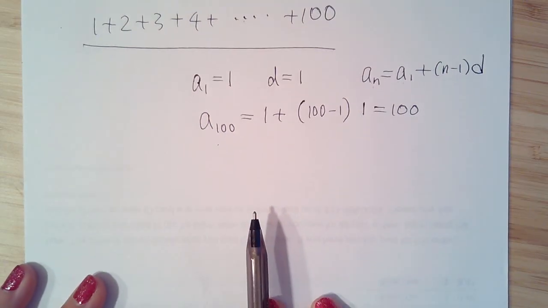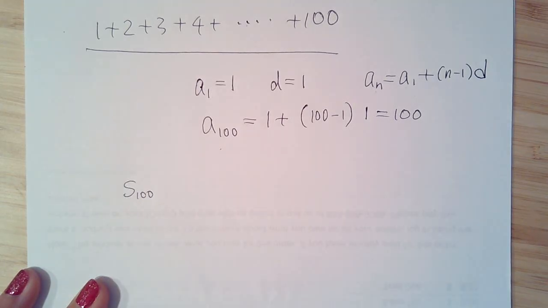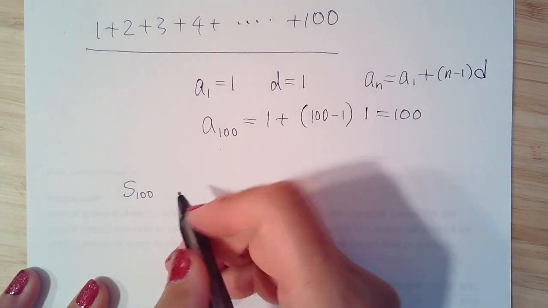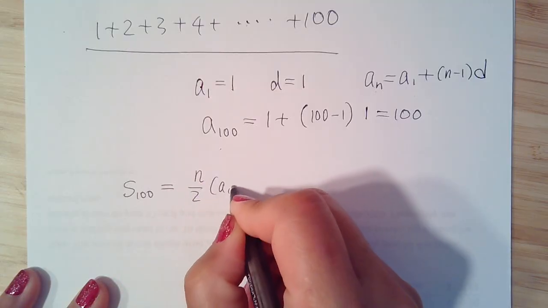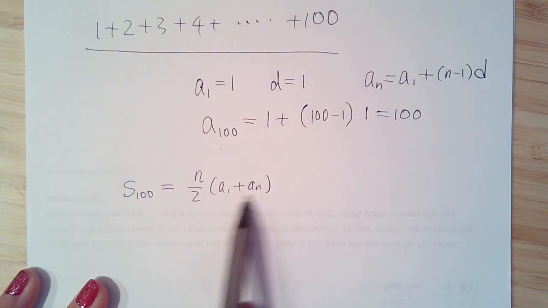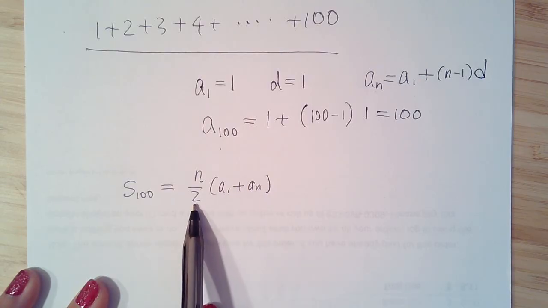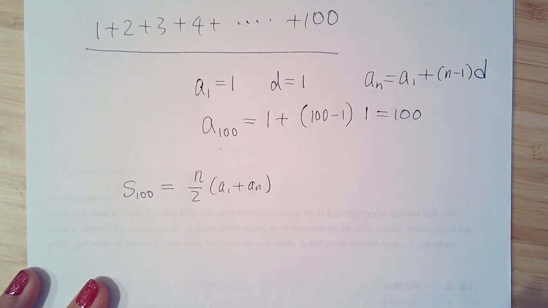So if I ask you to find S100, which is the sum of the first 100, the formula is this: n over 2 times (a1 plus an). So basically it's the first term and the last term, you add up, divided by 2, which is the average of all the terms, and then times the number of terms. That's your sum.